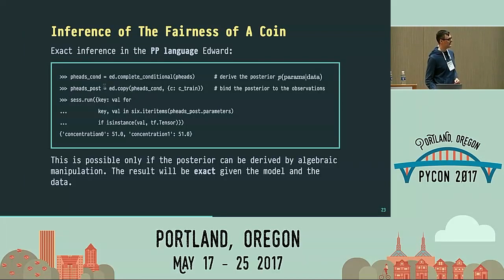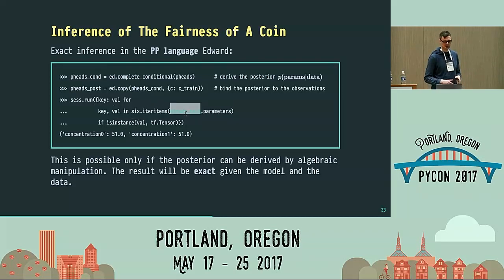And then again, nothing has happened yet. We're just defining that we want to do that. This is just a description of the program right now. What we want to do next is actually run this program, this inference algorithm. What I've done here is use session.run, iterating over all parameters that this posterior has.